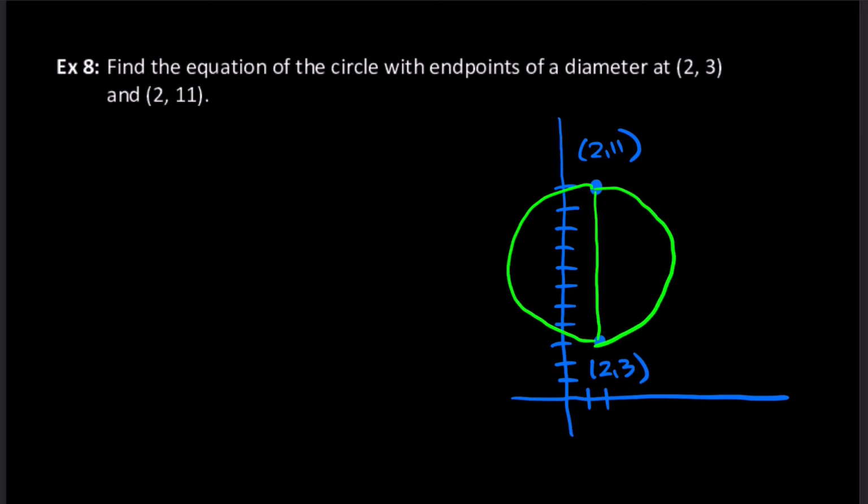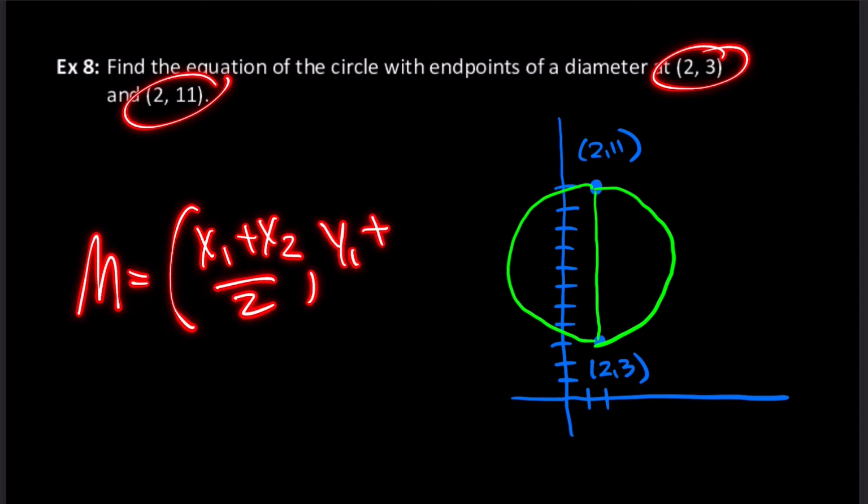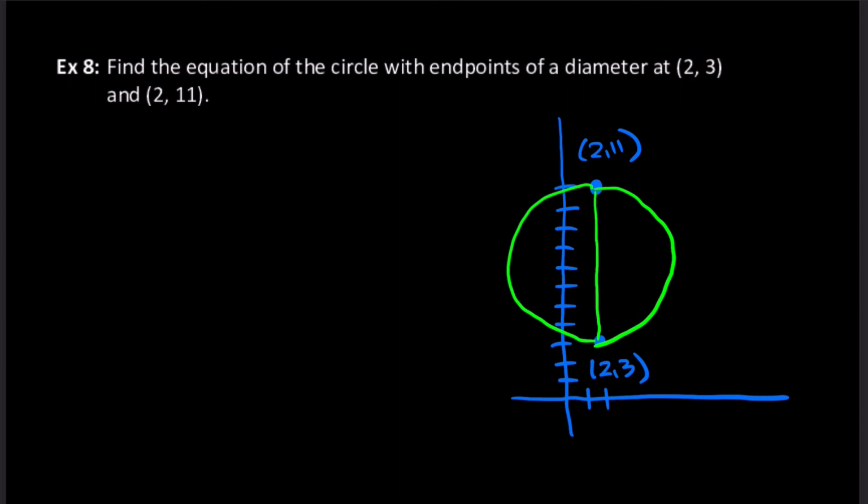So what we need to do is we need to find the center. Well, one way you can do it is you can take these 2 points and go back to geometry and remember your midpoint formula. Right? You guys remember that? Again, I'm not a huge formula fan, especially recalling formulas from 3 or 4 years ago. So let's be visual.